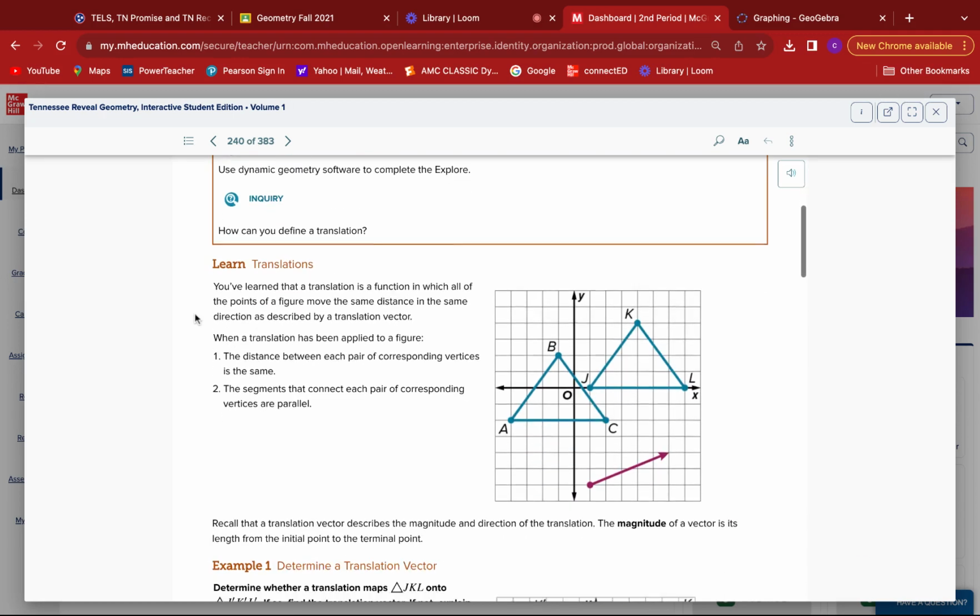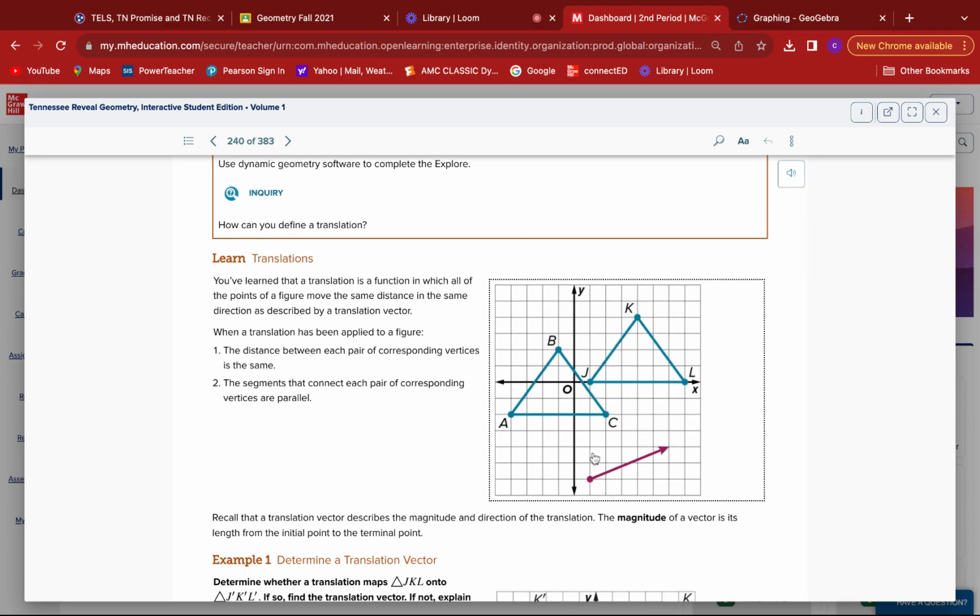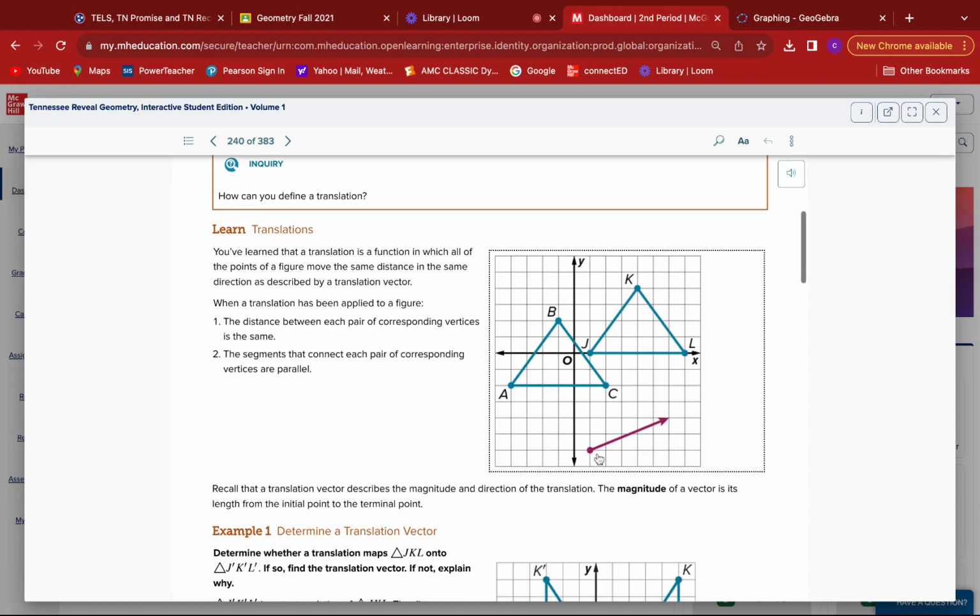All right, so here is a great example of a translation. You're taking one object, triangle ABC, and we're translating it by this vector right here to JKL triangle. So basically, let's talk about what a vector is. It's an initial point, which is where your dot is.